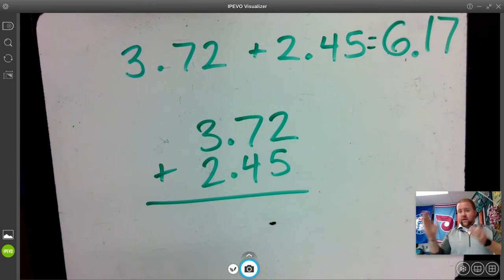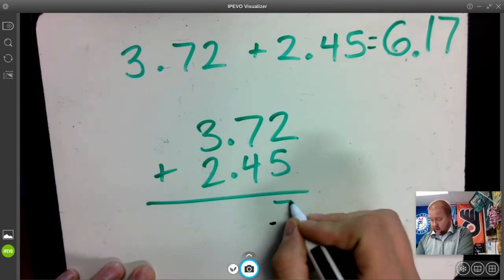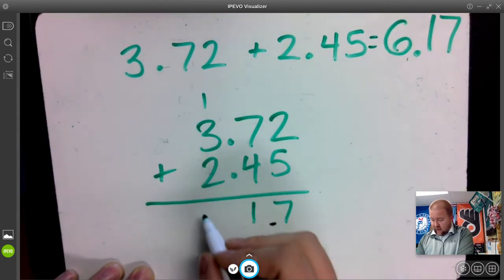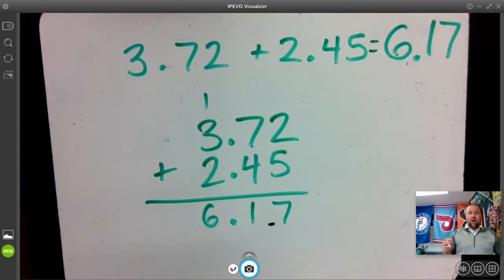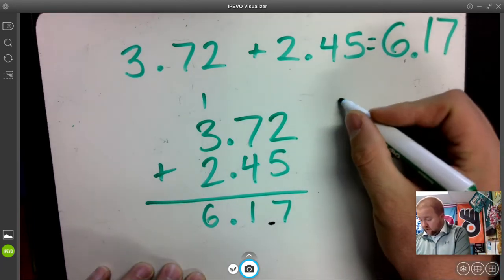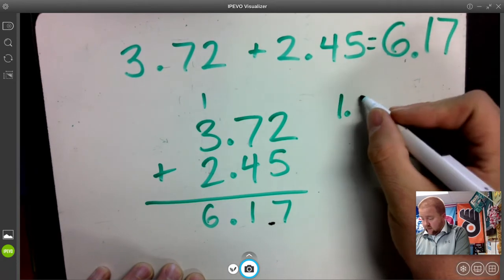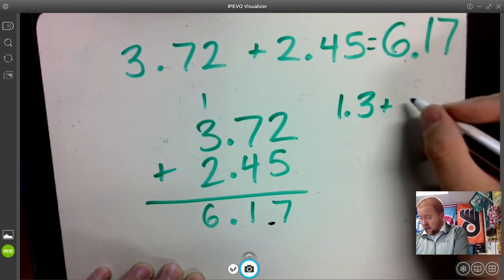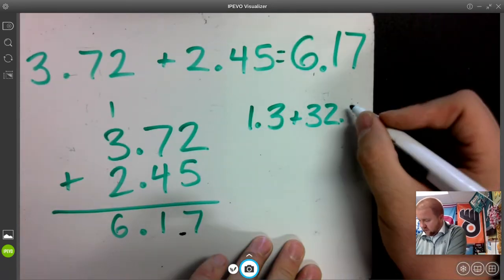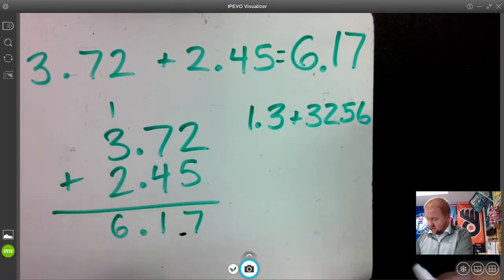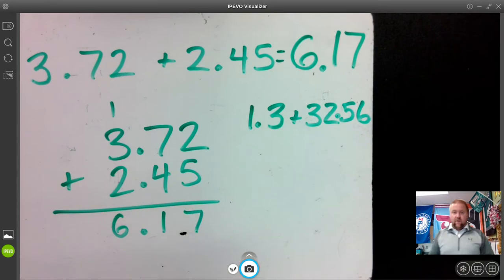No matter how many digits there are on either side, you're always lining up your decimal point and then adding just like you would add any other problem, and your decimal comes straight down. So what do I mean by lining up your decimal point? Let's say we had a problem that was 1 and 3 tenths, and we were adding 32 and 56 hundredths. My decimal right in there.